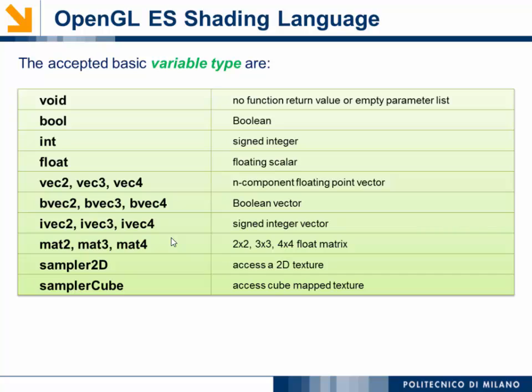Okay. Those instead are the accepted basic variable types, the usual ones: void, boolean, integer, float. Since we don't have structures, we are not going to use them. They can be coded, but we don't do that.